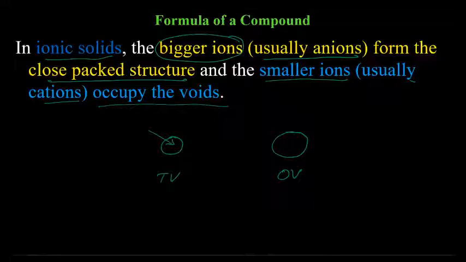I'm repeating. If a cation is small enough that it can fit into tetrahedral void, then although it can fit into octahedral void also, because octahedral void is larger than tetrahedral void, it will not be in octahedral void, it will remain in tetrahedral void. And the reason is that in tetrahedral void, it will be closed back.